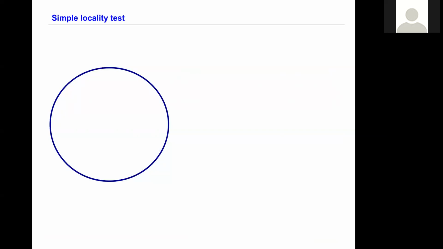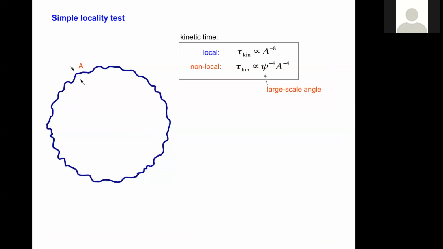If you start just with a ring, which is a nice, easy problem, and create a small wiggle on the ring, then the local and non-local scenarios will result in a dramatically different scale of the kinetic times. So essentially, you can observe the times.